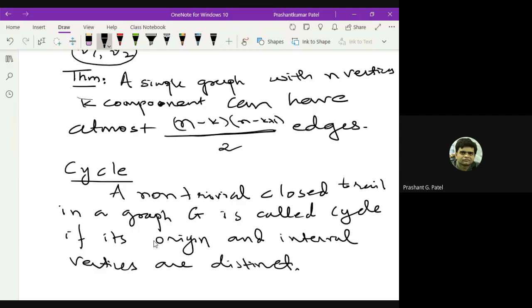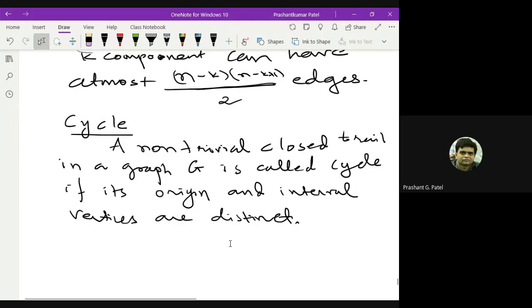What does it mean? What is the definition of trail we have seen? Where we have seen that every edge is different.